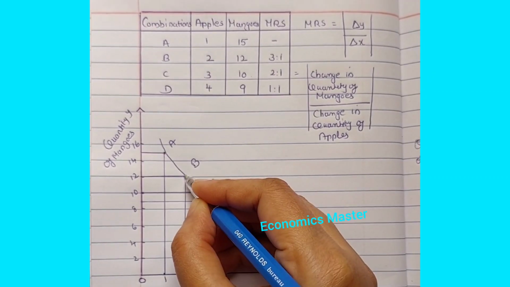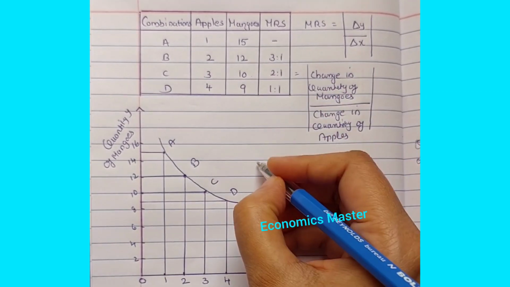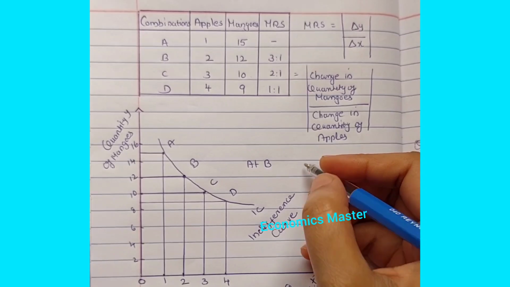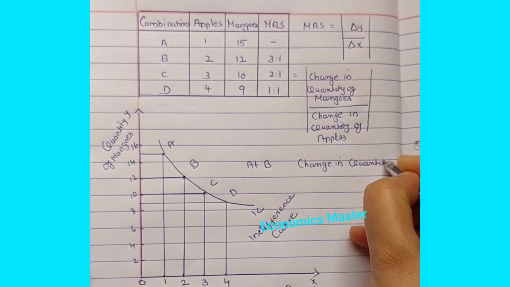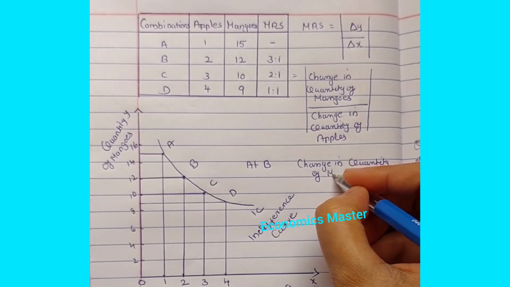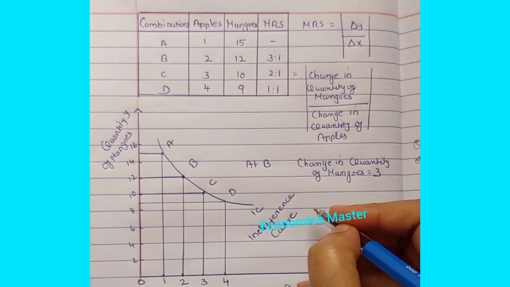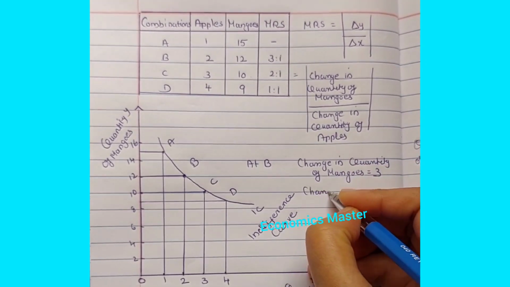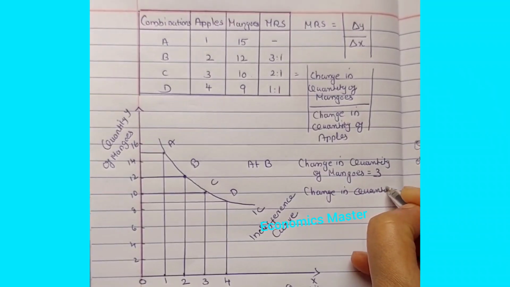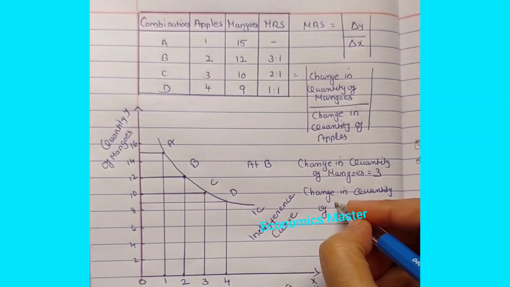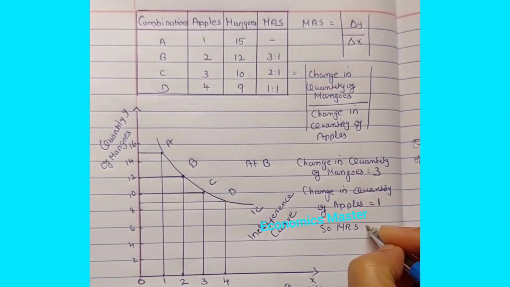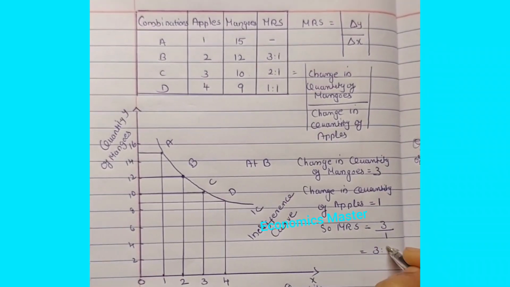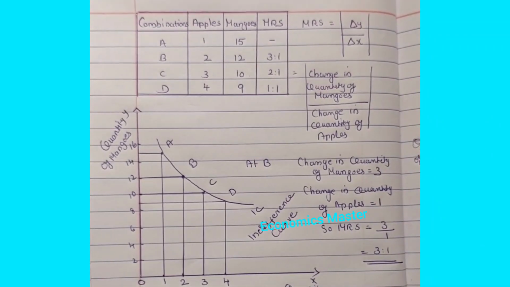At combination B, the change in the quantity of mangoes is equal to 15 minus 12 is equal to 3. Then change in the quantity of apples is equal to 2 minus 1 is equal to 1. So MRS is equal to 3 by 1 or 3:1.